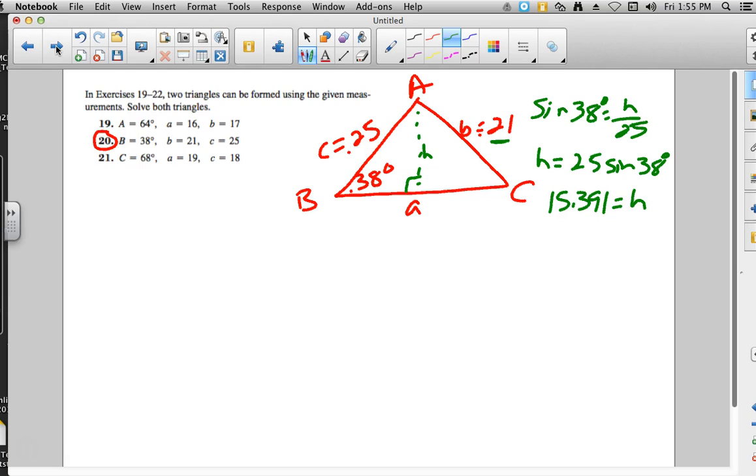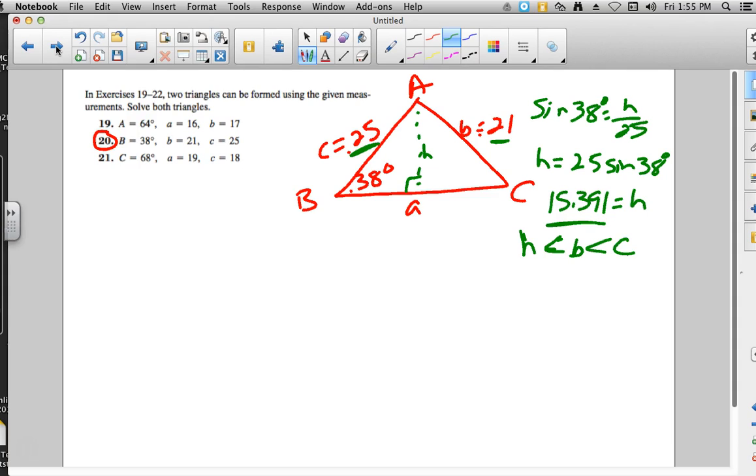So 21 is definitely bigger than 15.391, but 21 is definitely smaller than 25. So absolutely, this is going to work. So B is greater than H, but it is less than C, and that's what we have to watch for.